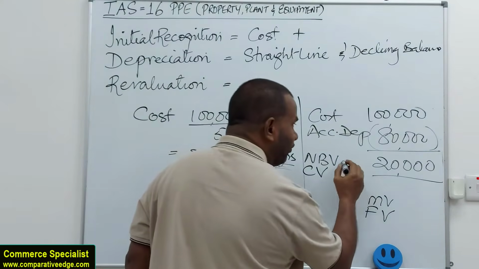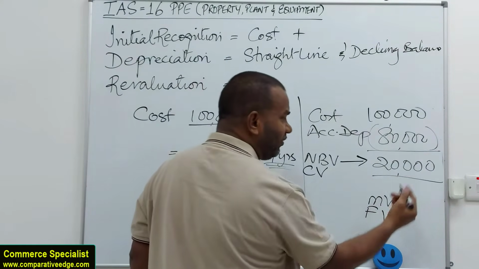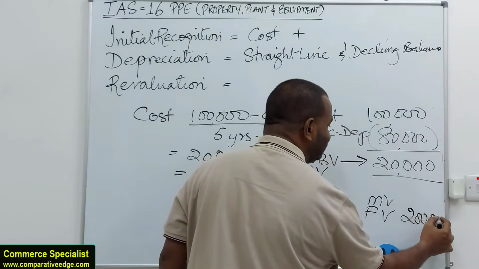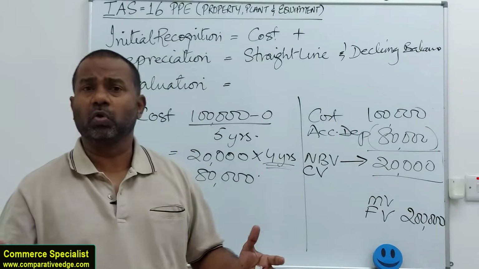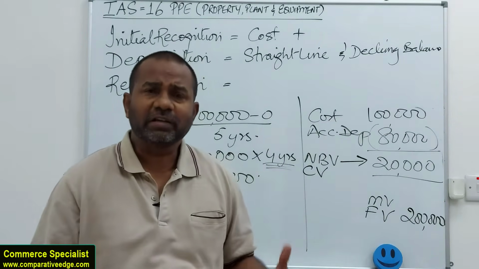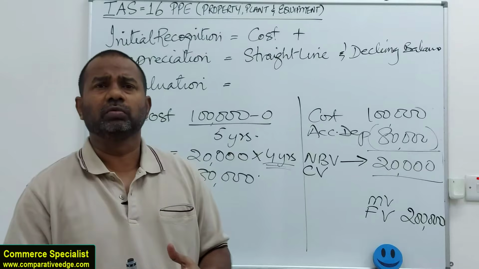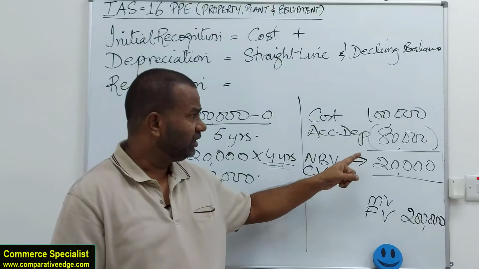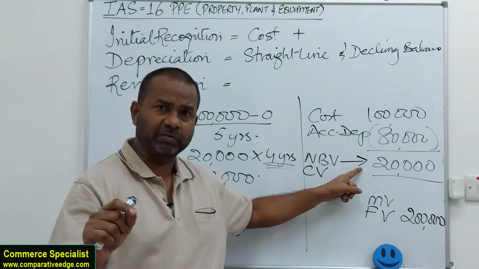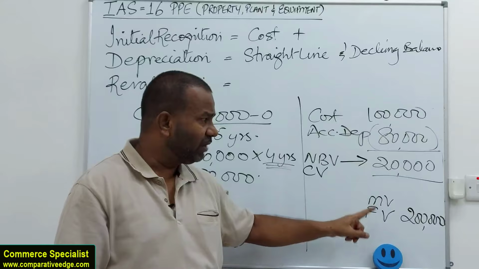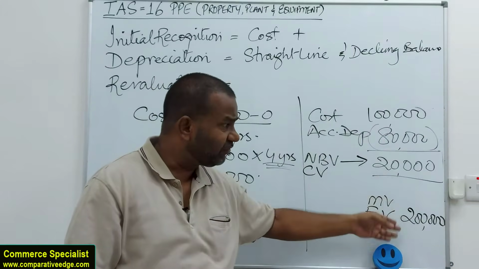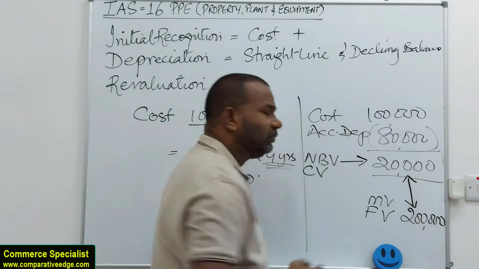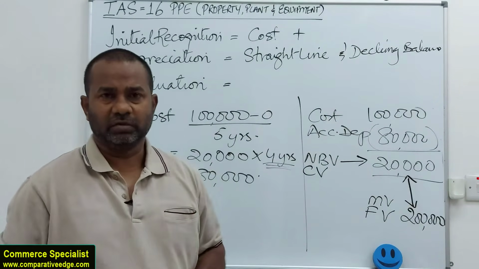So let's say the net book value is 20,000 and the fair value or the market value happens to be 200,000. Market has its own dynamics. There are so many factors which contribute to the market price. So in this situation, 20,000 is as per the company's records, but the market value is 200,000. There is a significant difference between the carrying value and the fair value. The asset should be revalued as per IAS 16.